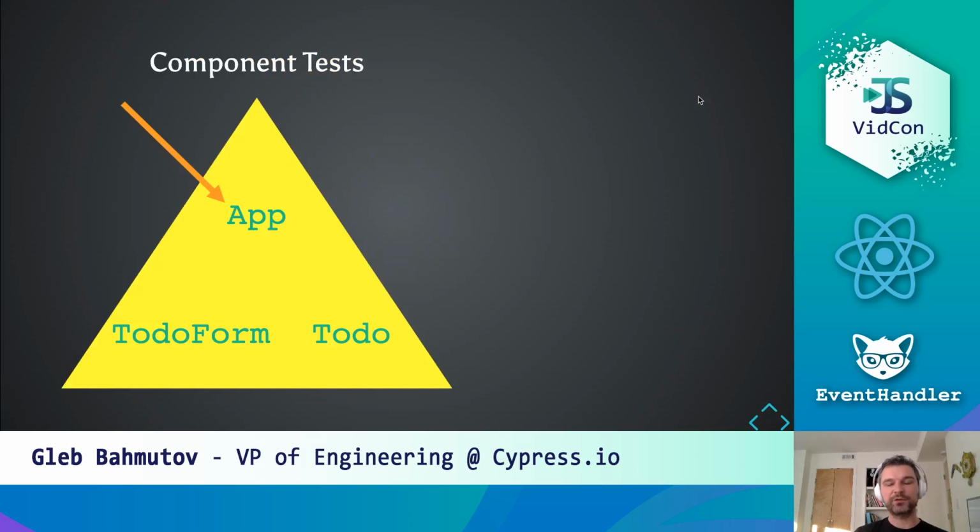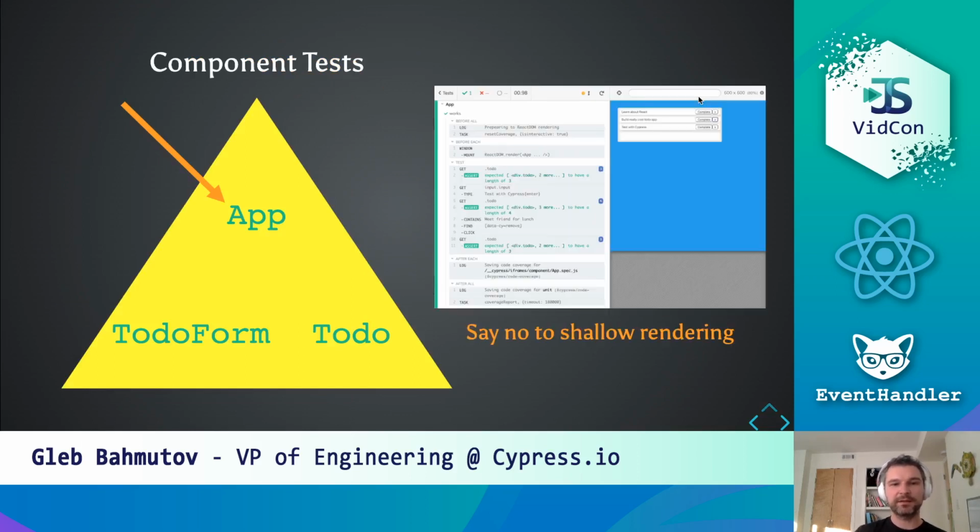Component tests don't have to work with small components. You can easily load the app component, which will render to-do form and to-do. There is no shallow mounting. It's a mini web application, so you can stub things, for example, but you want to strive towards working with components in a full experience.